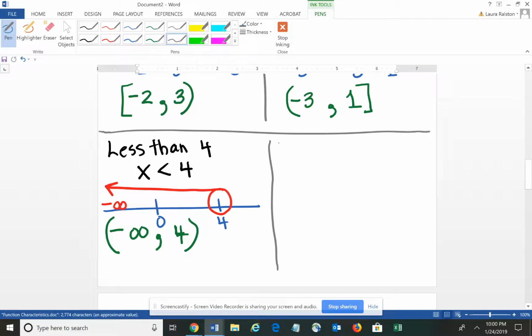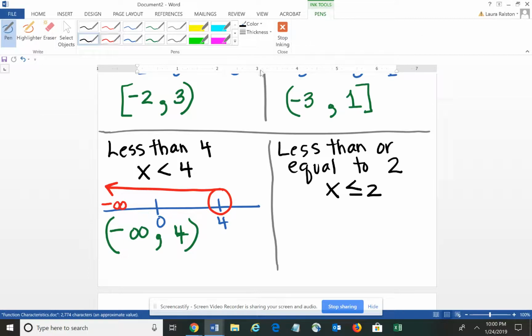Similarly, you could have something like we want x to be less than or equal to, say, 2. You want it to be less than or equal to 2. Symbol-wise, you would have x is less than or equal to 2.